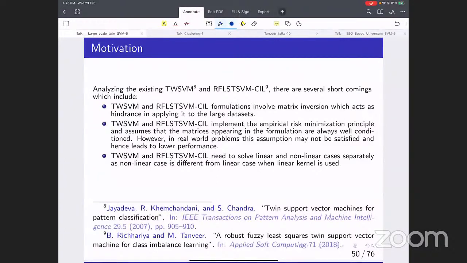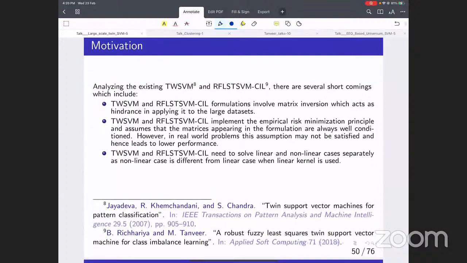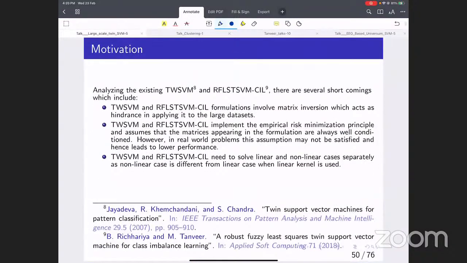So we are addressing the issue of class imbalance learning here. This is the motivation of this problem: analyzing the existing formulations, there are several shortcomings. The baseline models, including this one, are class imbalance learning formulations. In this formulation also matrix inversion is there. So how to avoid that?